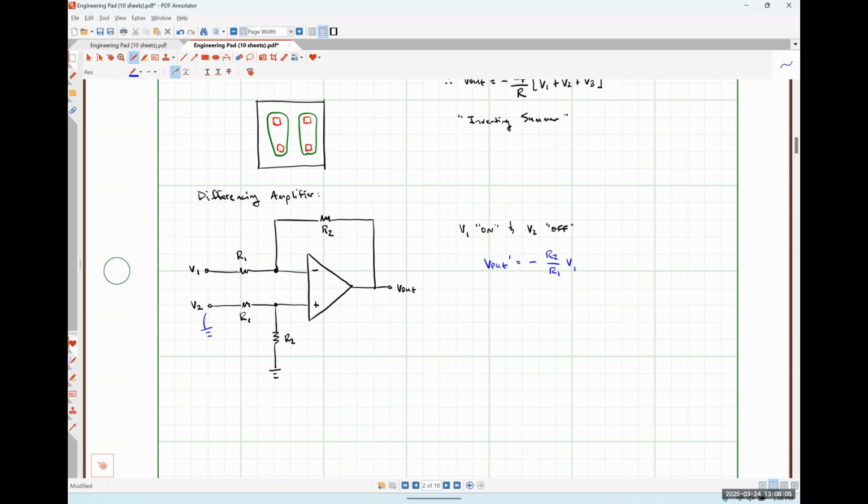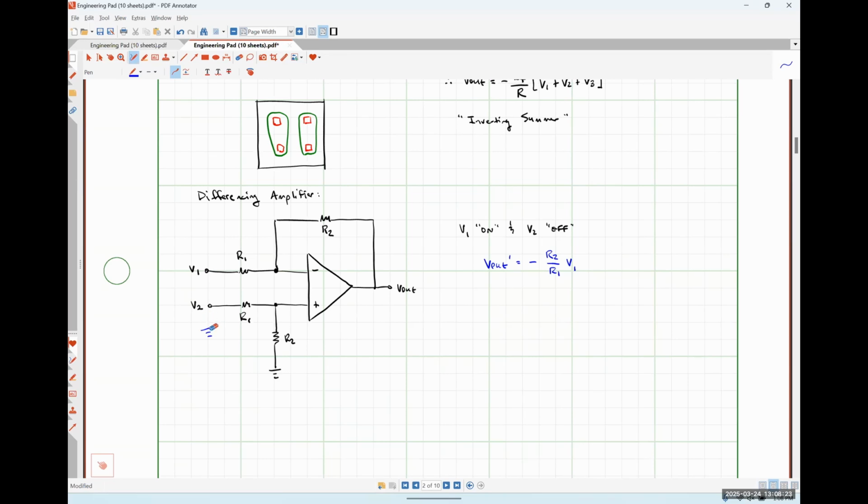Okay. So my input signal applied on the inverting side is going to 100% of the time give me an output that is 180 degrees out of phase because of that negative sign out in front there, right?